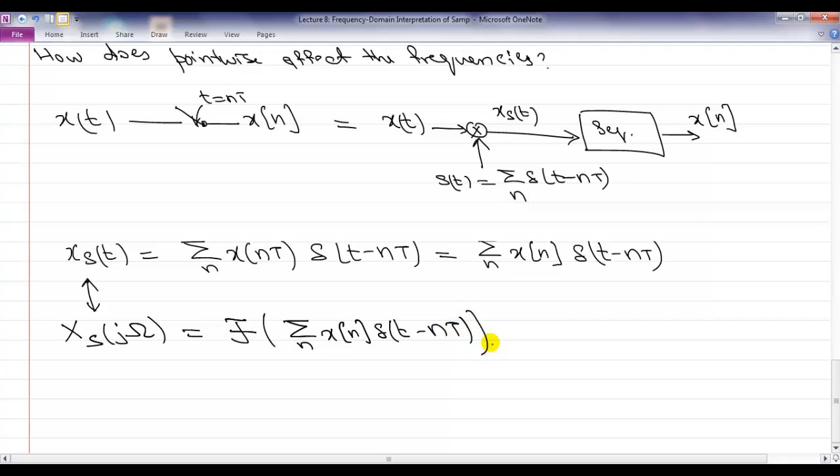Now since the Fourier transform is a linear operation, I'll just take it inside the summation. x[n] is just a scalar for the continuous time Fourier transform, so I'll have the Fourier transform of delta of t minus nT. Now what is the Fourier transform of delta of t minus nT?